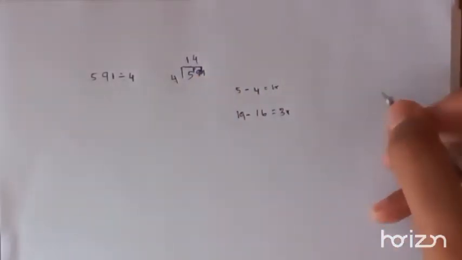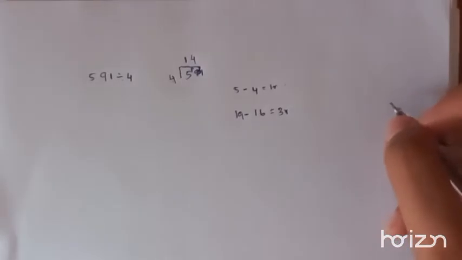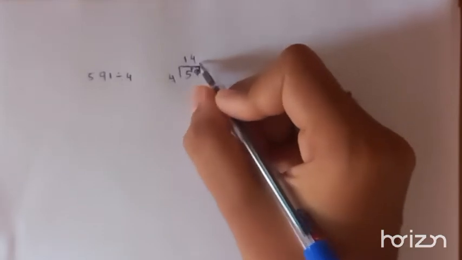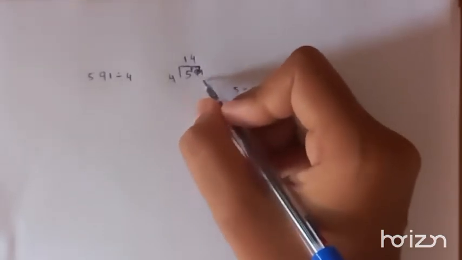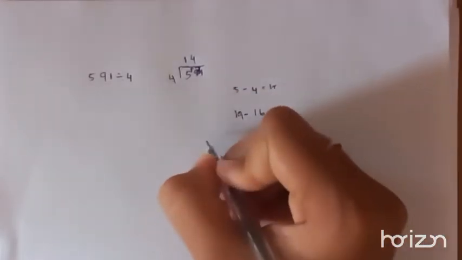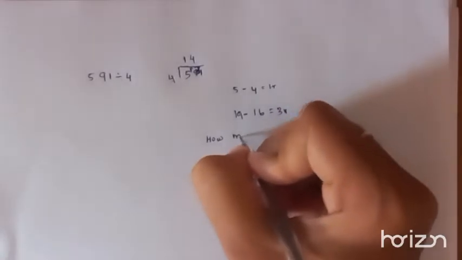Now we're going to look at how many 4s go into 31, because we have a 3 here and a 1 here. How many 4s go into 31?